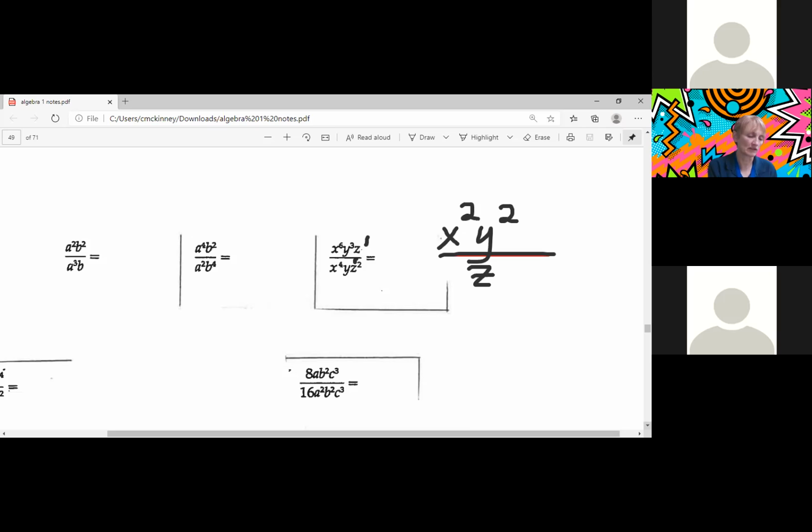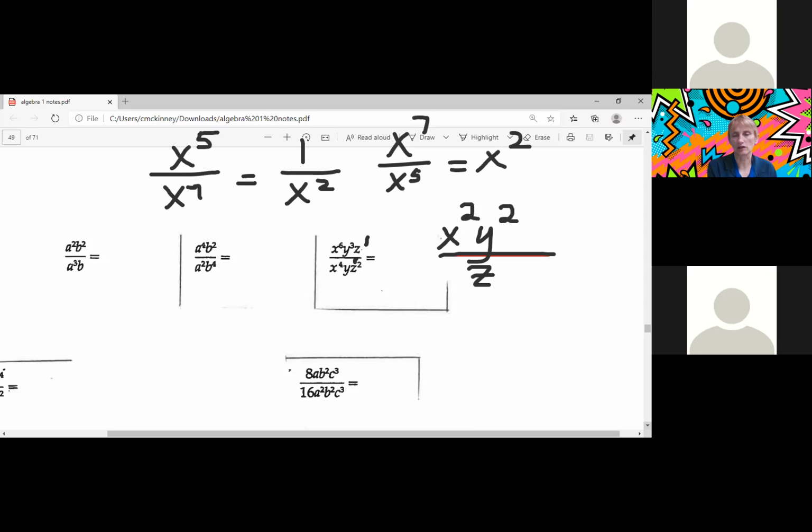So for instance, if I had x to the 5th over x to the 7th, then I can't just leave it like that. I have to put a 1 up here. But if it had been the bigger exponent on the top, I could just say second power.